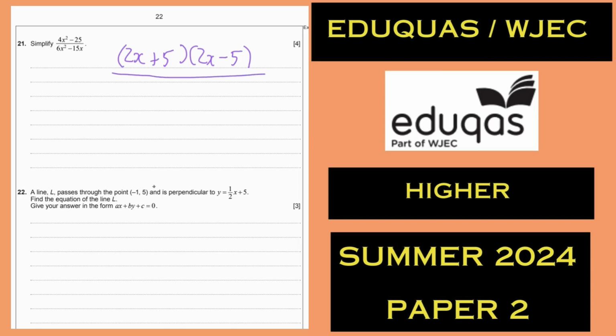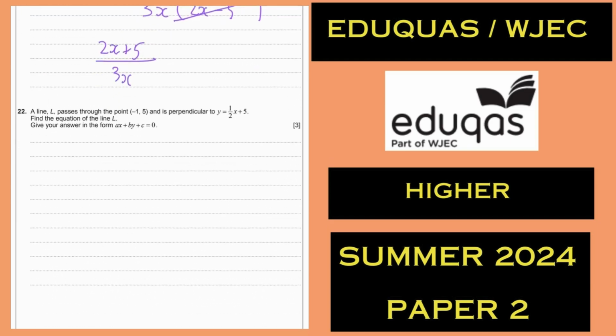On the bottom, not as complicated. They're both in the 3 times table. They both have an x in. And when you factorise out a 3x, you're left with a 2x and a -5. And bosh, they cancel. So final answer is 2x plus 5 on top, with or without brackets, no one cares, and 3x on the bottom.